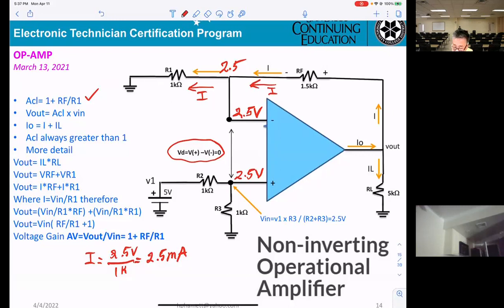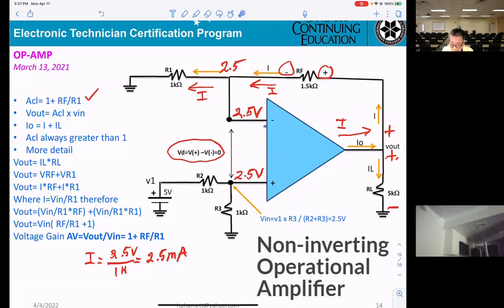I. And when the current I comes, you get positive here, you get negative here. So in here will be positive, and that will be positive, that will be negative. So basically, this current I will be coming out from the op amp. Okay? And positive here, negative here.